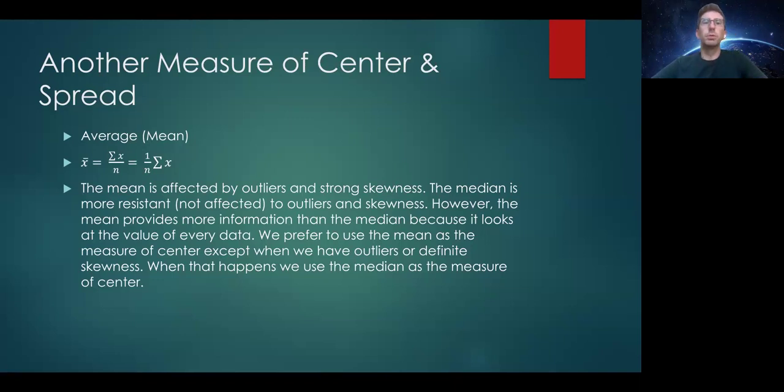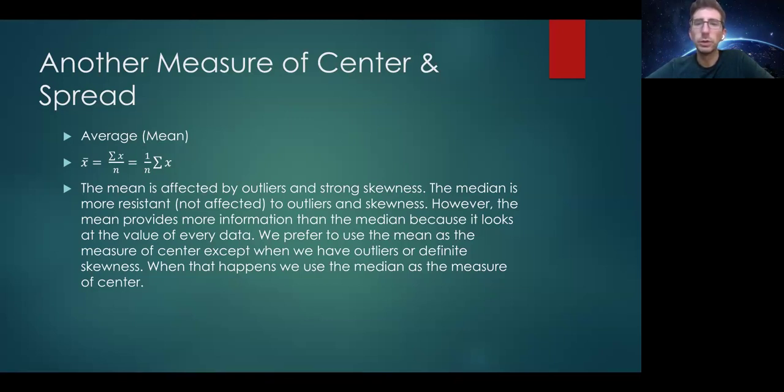However, the mean does provide more information than the median, because the mean takes every single data point into account, where the median just cares about where the data lies, not what the actual values are. So for this reason, we prefer to use the mean as our measure of center, except when we have outliers or definite skewness.